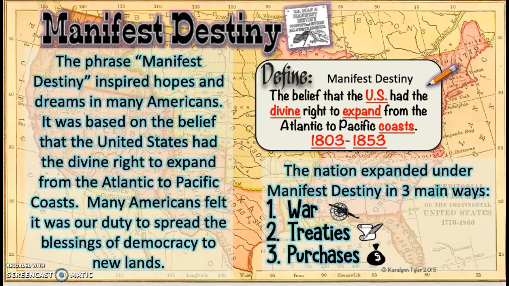It encompassed the idea that Americans had at the time that they were destined, so there's that word destiny, to expand the country from the original 13 states, which hugged the coast of the Atlantic Ocean, to spread all the way across to the Pacific coastline.